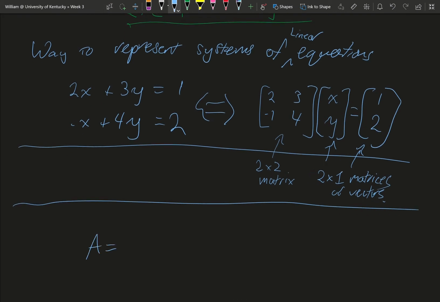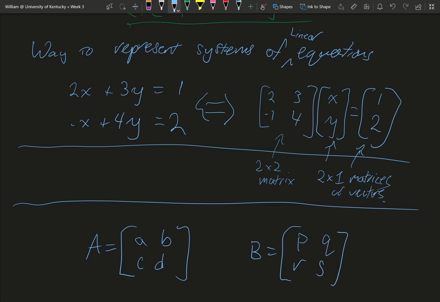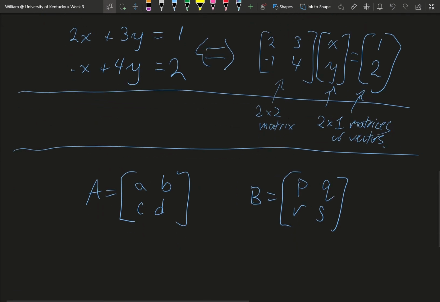So if we have a matrix, there's a couple rules that we have. So we can add two matrices. The way I do that, if I add two matrices, they have to have the same size. So they have to be the same shape, basically.